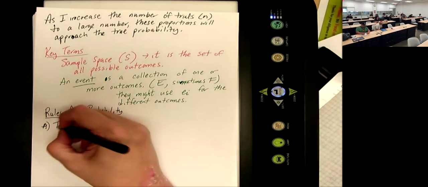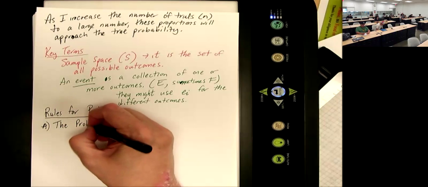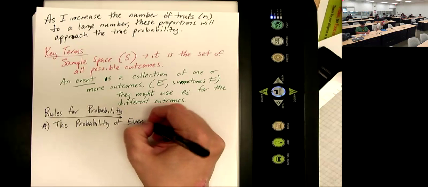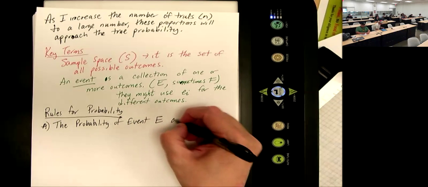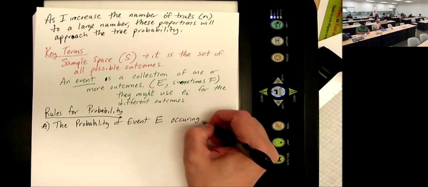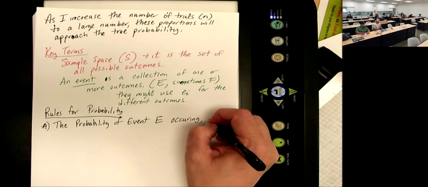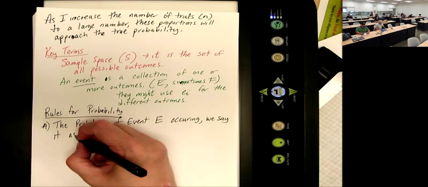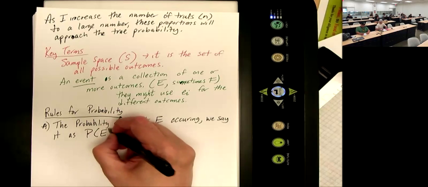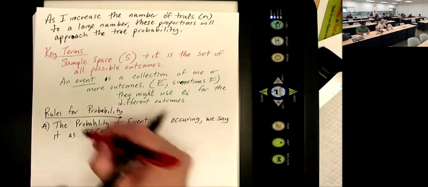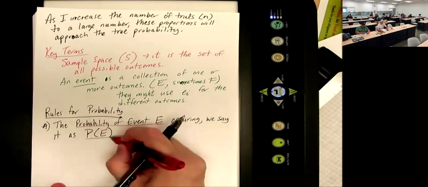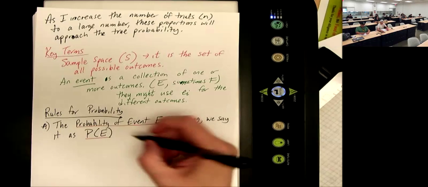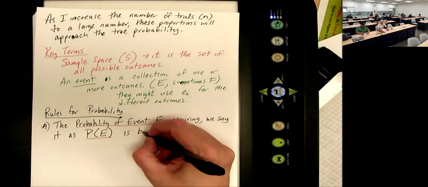The probability of event E occurring, we say it as P parentheses E. The probability of event E is between 0 and 1.